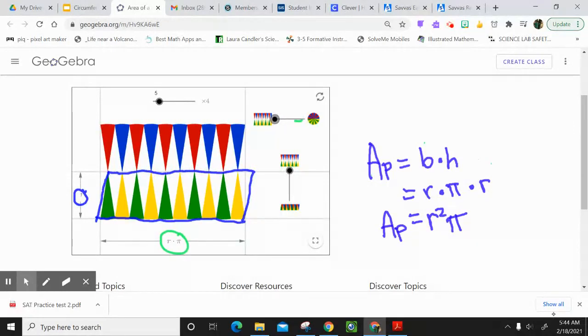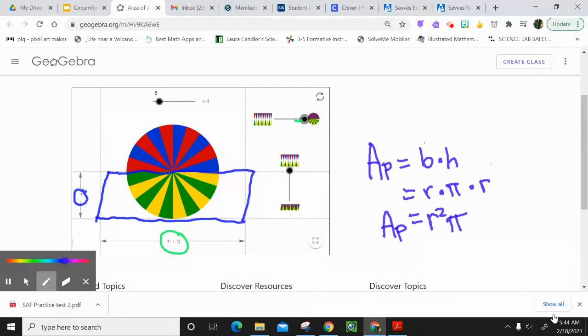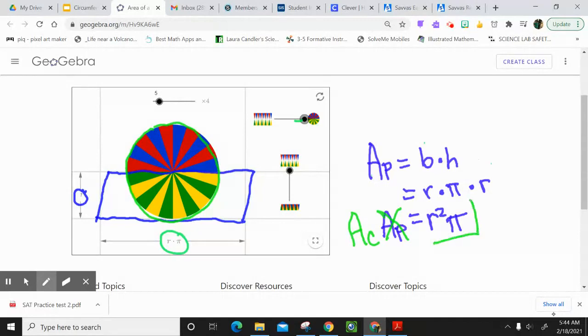So the area of this parallelogram is also the area of this circle. So the area of a circle is equal to r squared times pi, or you will hear it most often as pi r squared. Since this is multiplication, it's commutative, so either way is fine. So area of circle is pi r squared.